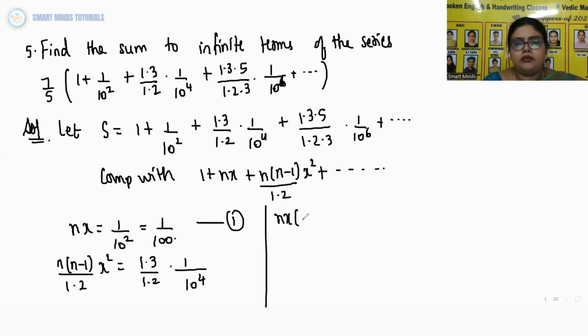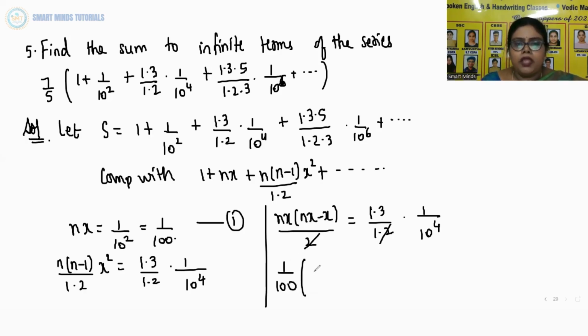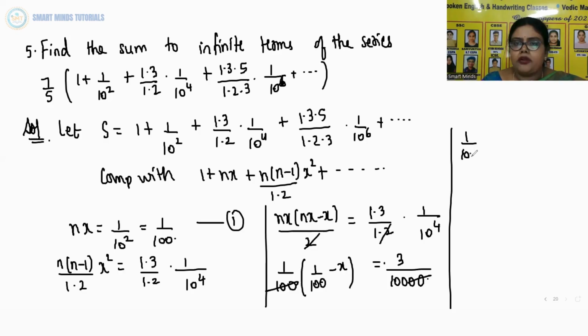So nx into nx minus x by 2 equals 1 into 3 by 1 into 2 into 1 by 10 power 4. Here 2 and 2 cancel. In the place of nx I can take 100. So 1 by 100 into 1 by 100 minus x equals 3 by 10,000. So two zeros get cancelled. So we get 1 by 100 minus x equals 3 by 100.